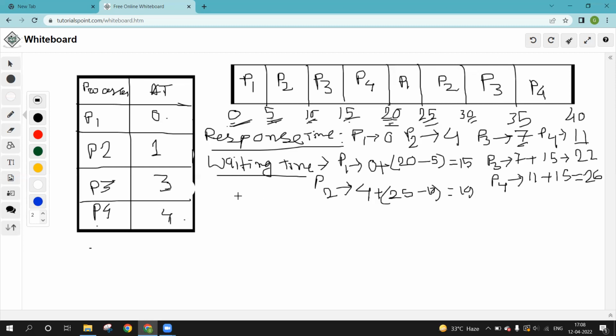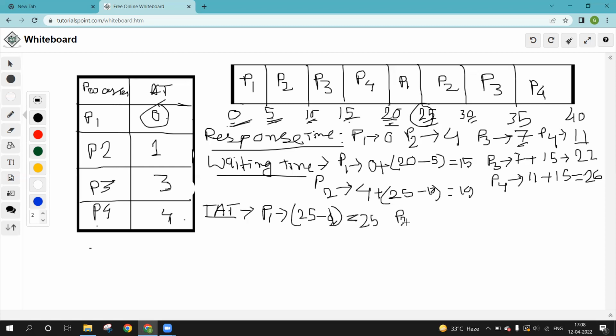Okay. Now turnaround time. Turnaround time, I have told you, is the completion time minus arrival time for one process. The completion time for P1 is 25 and the arrival time is 0, so 25 minus 0 is 25.